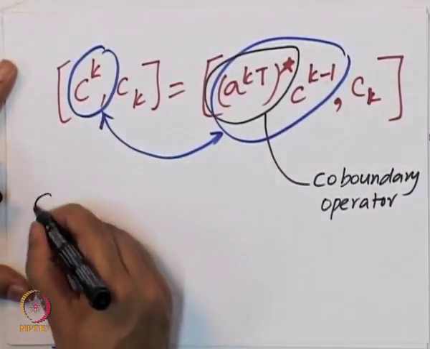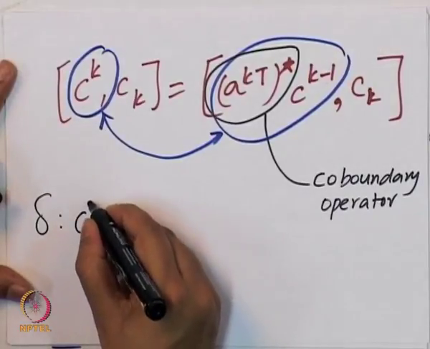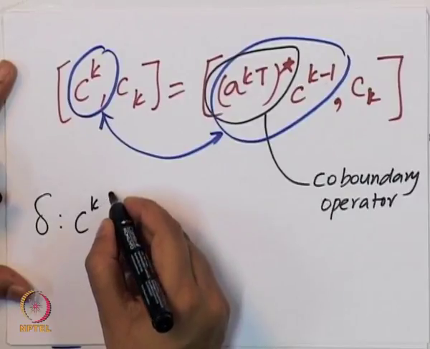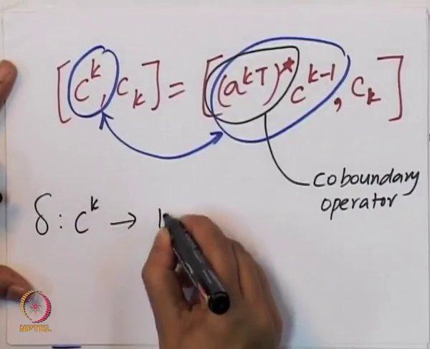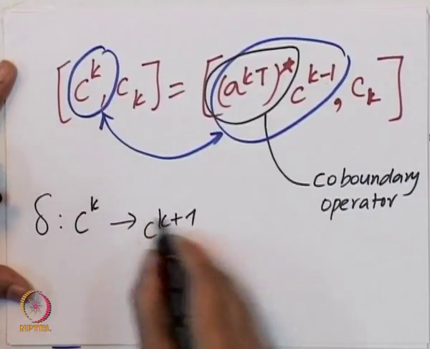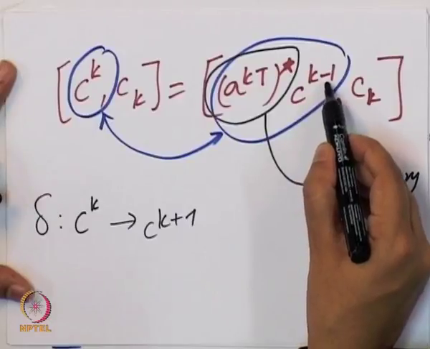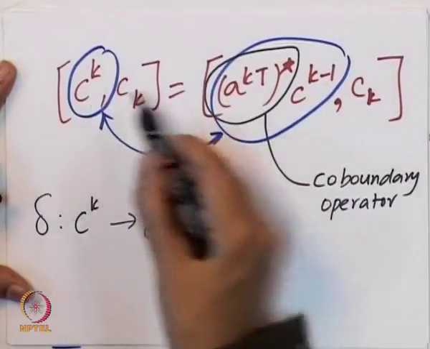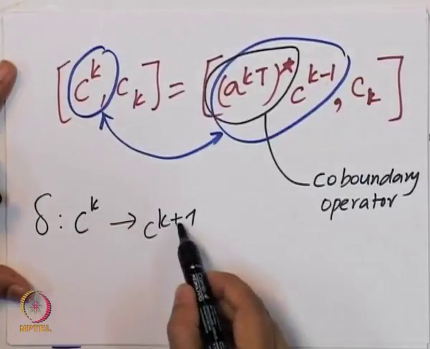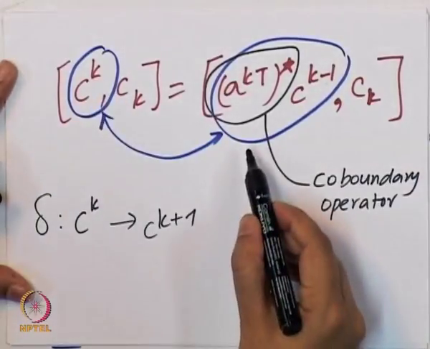So that is what we said: the co-boundary operator takes a value that is k to k plus 1. We said it adds one to the dimension. So in this case k is k minus 1, so it has to raise the dimension by 1. It takes k to k plus 1, so it has to take k minus 1 to k. That is what we see here.